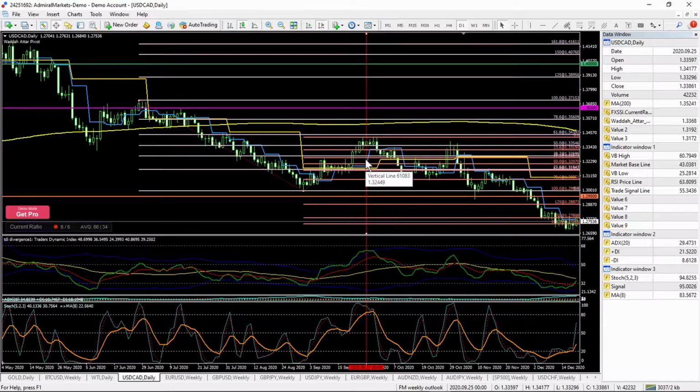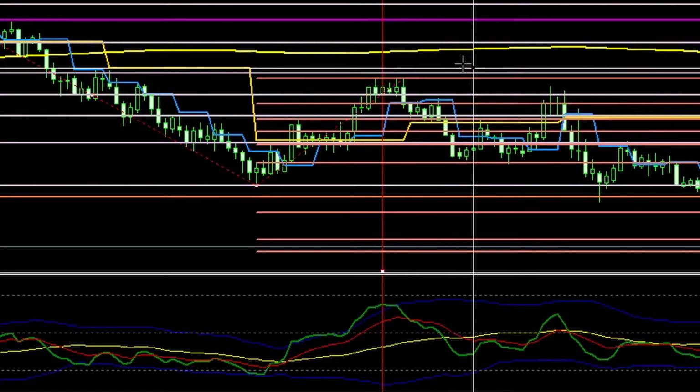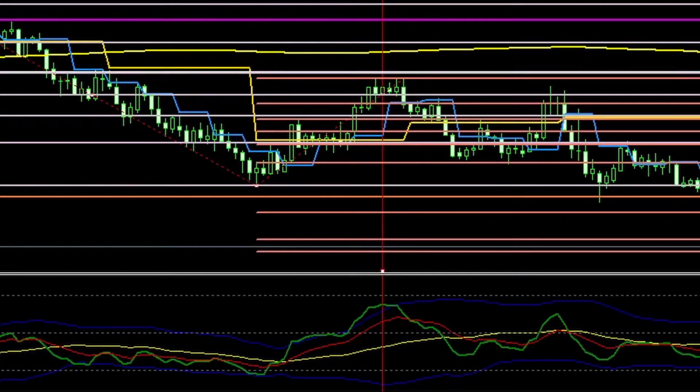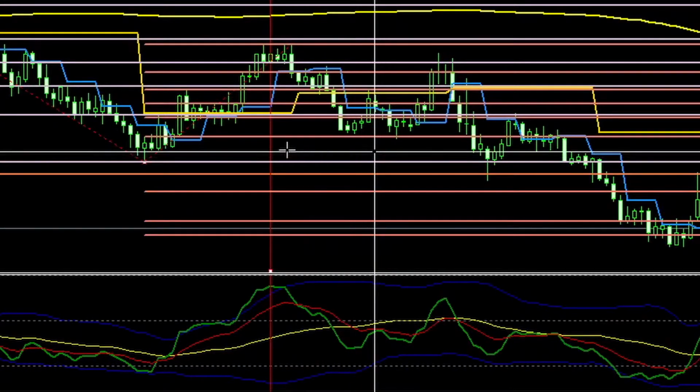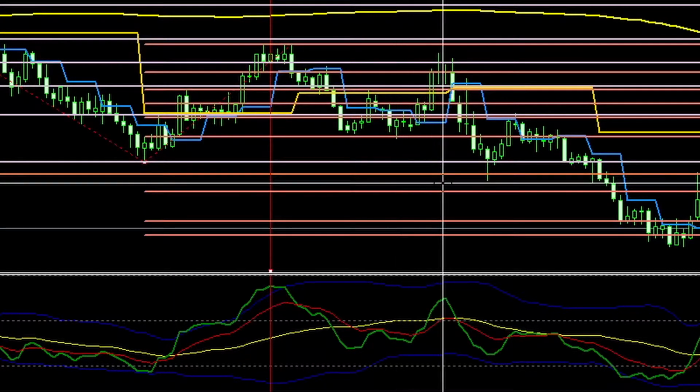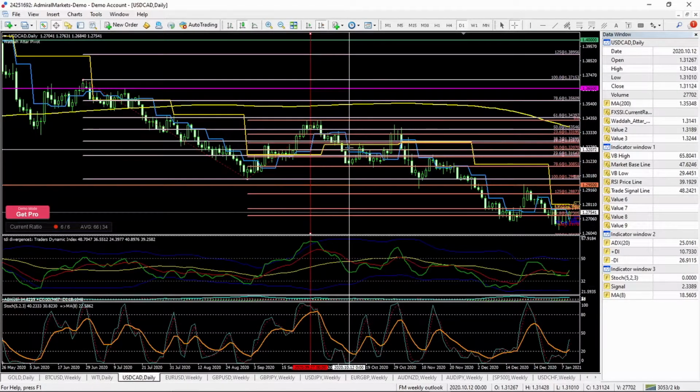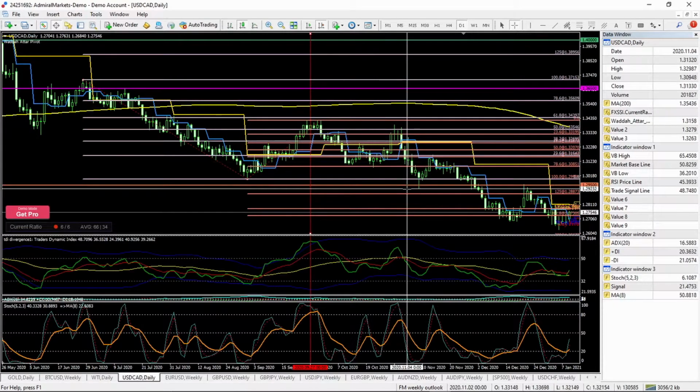And so this pullback goes up into like the 50-61 area, as you can see right there. So I would most likely take this down to 125.